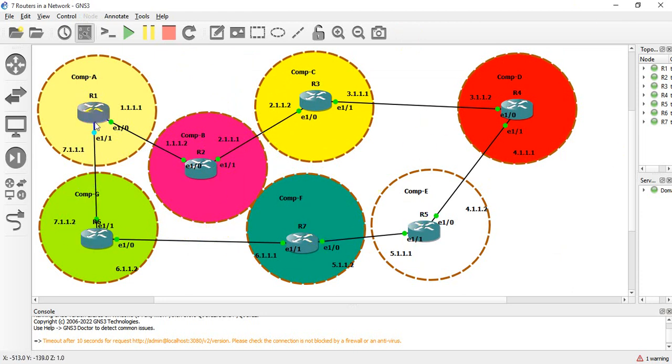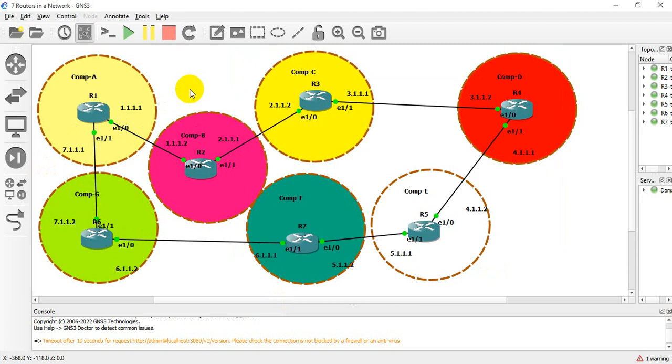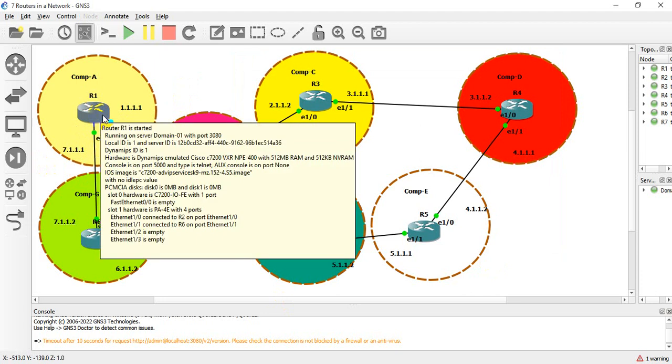So if I want to ping from these ports to all these ports, it will not ping. Why? Because they are indirectly connected, and these networks are not available in router one's routing table. So we should try to complete the routing table first.